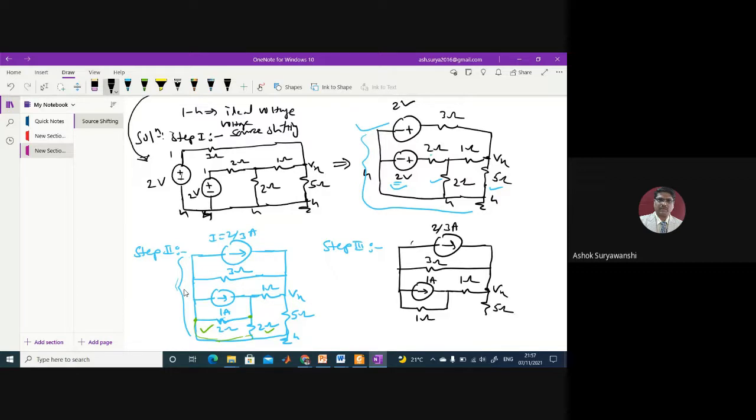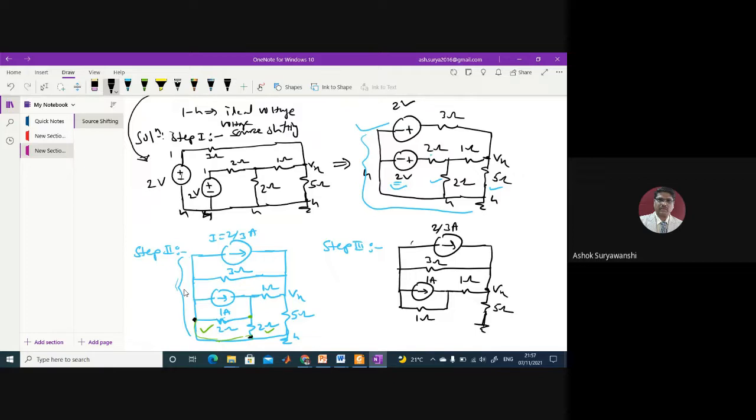And now the 5 ohm lower side is ground, right? Now you can see this point and this point. So these 2 points are connected here, right? I will just show you, this point and this point is shorted.